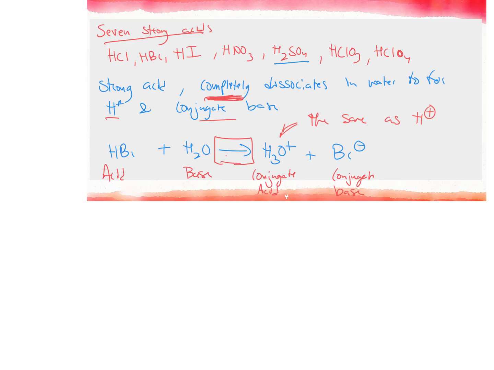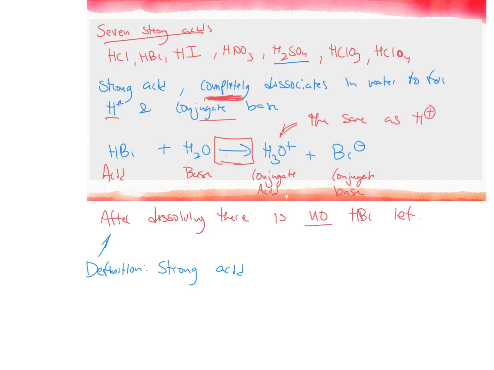After dissolving, there is no HBr left. That is, by definition, a strong acid. It will completely split apart the two ions to make H plus and whatever your conjugate base is.